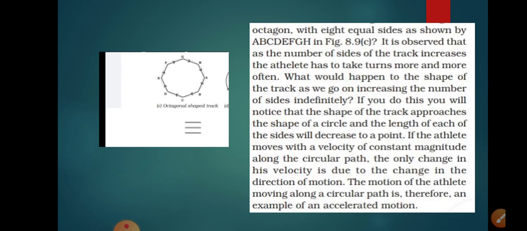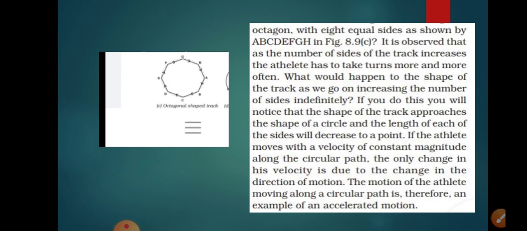Earlier the number of sides was 4, then the sides became 6, now the sides become 8. Now see, when we go from 4 to 6, 6 to 8, it is almost becoming a circle. If you take a geometry having 12 sides, the particle will change the direction 12 times.